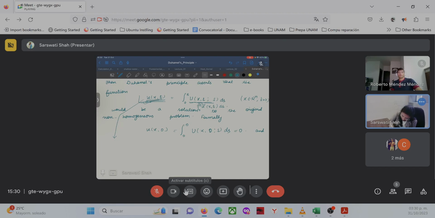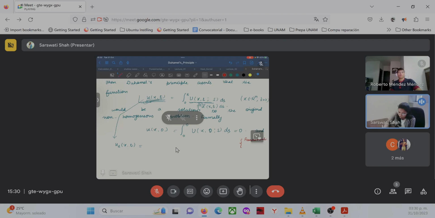So let's see u_t(x,t). When we take the derivative with respect to t of this integration, which theorem are we going to use? Fundamental theorem of calculus. Exactly.